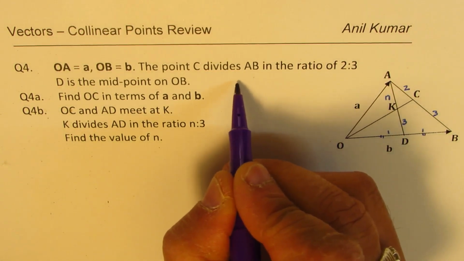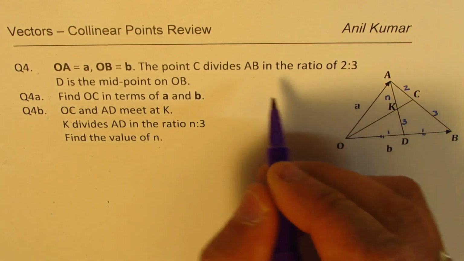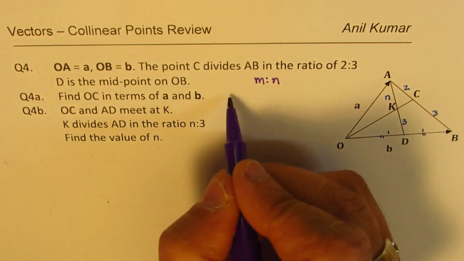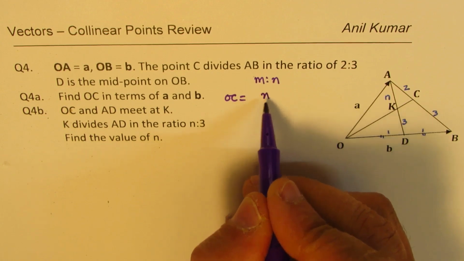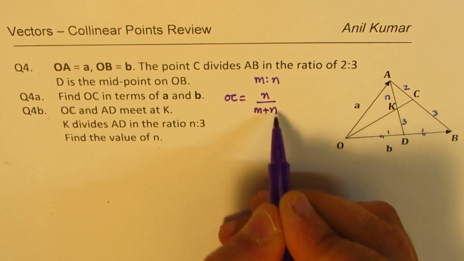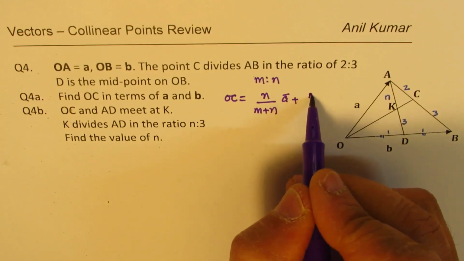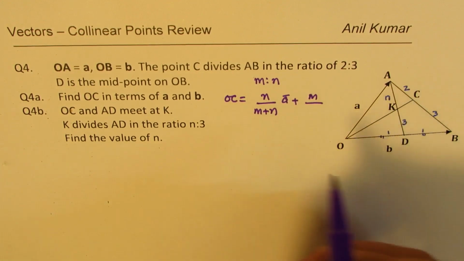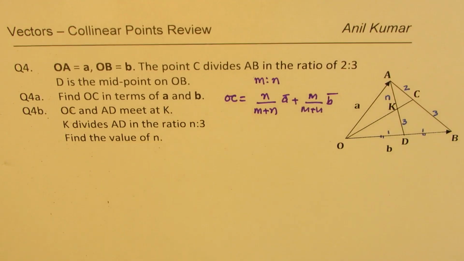If I have a point C as shown here, with A and B, and the ratio in general is m is to n, then OC can be written as n over m plus n times the vector A plus m over m plus n times B. This is a standard formula which we use for division of a line.